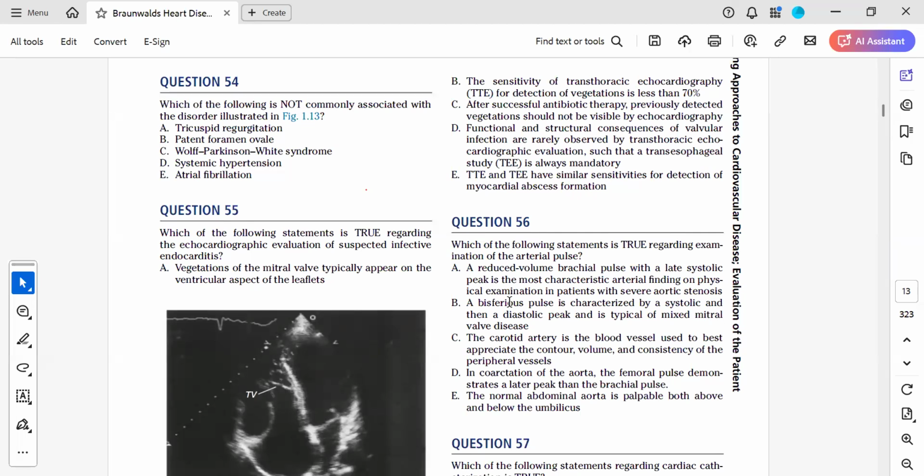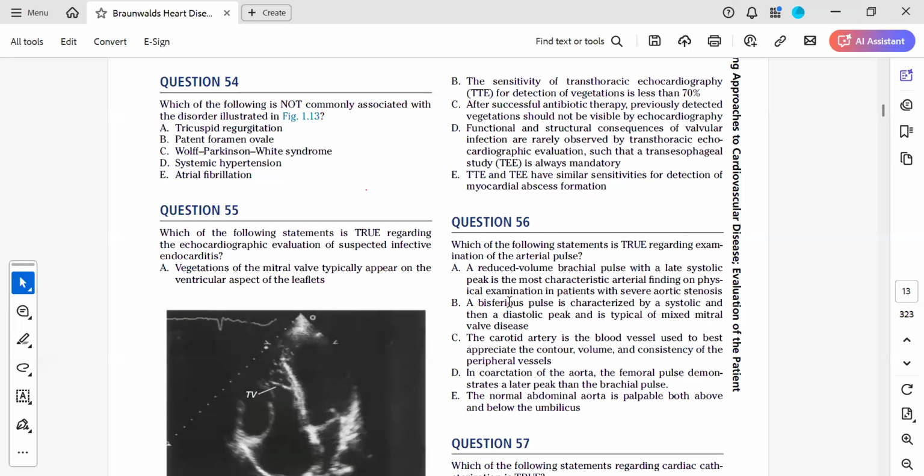So for question 56, the question is, which of the following statements is true regarding examination of the arterial pulse? A, a reduced volume brachial pulse with a late systolic peak is the most characteristic arterial finding on physical examination in patients with aortic stenosis.